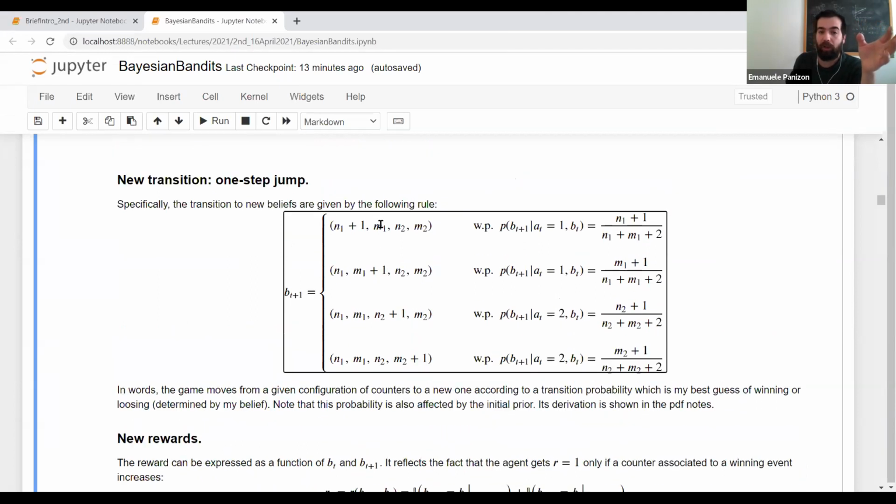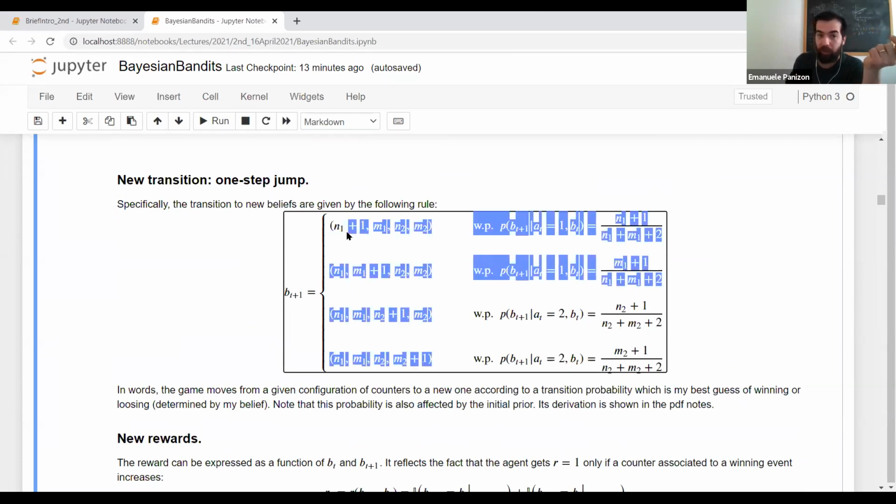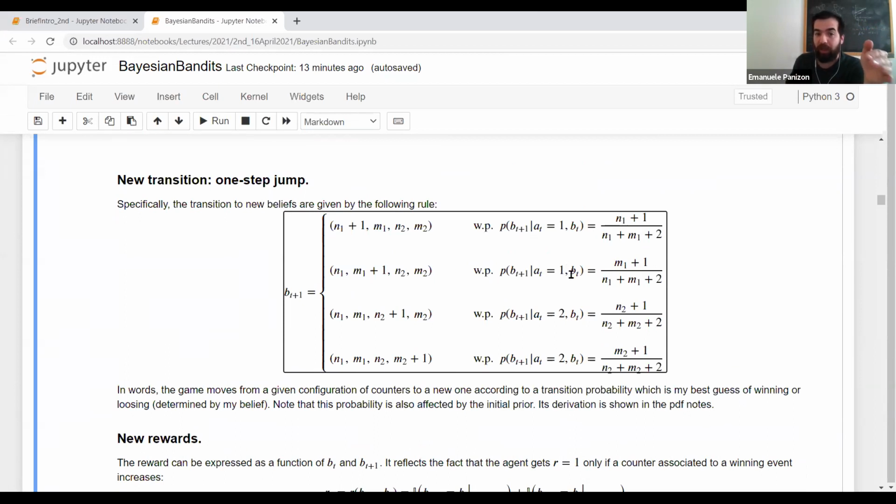So I have only 4 possible outcomes. If I take action 1, I can only change my belief of the probability of arm 1, so these first 2 lines. If I take action 2, I can only change my belief on Q2, and the change is actually very simple.